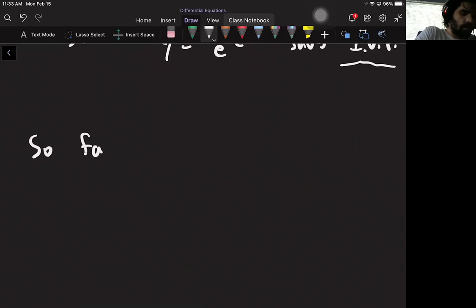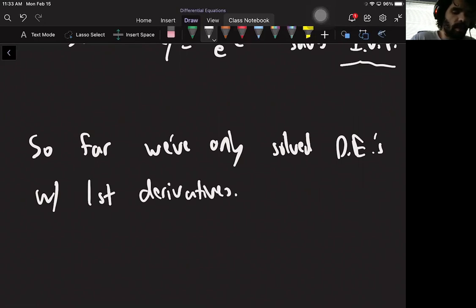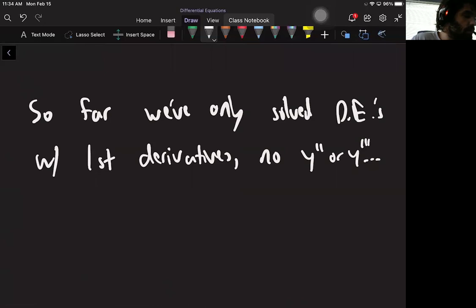Okay, so far, we've only solved differential equations that had first derivatives, meaning there was a y prime, but there was never anything higher, like a second derivative or third derivative or so on. But there can be higher derivatives in your differential equations.